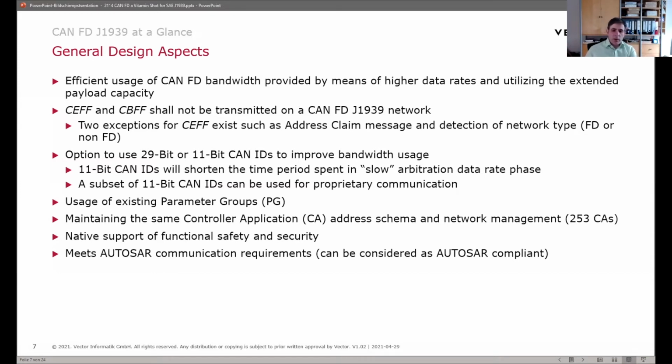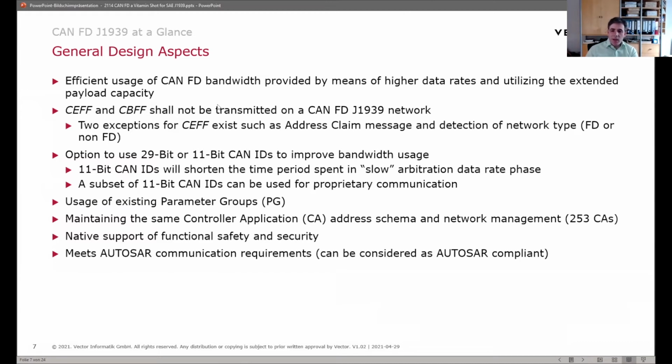So we are not limiting ourselves to 8 data bytes of payload. So the new protocol will take advantage of the extended payload capacity. So the payload, yeah, we are going to use all of these 64 bytes if possible. You will see this is not always possible, but this was one of the design aspects.